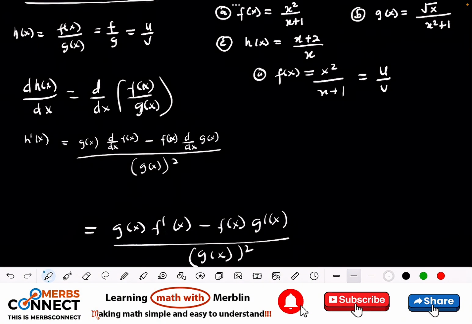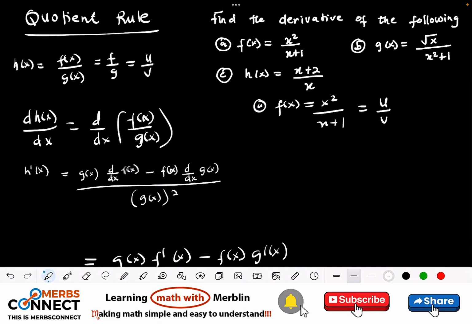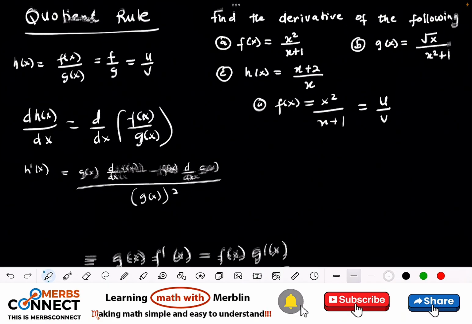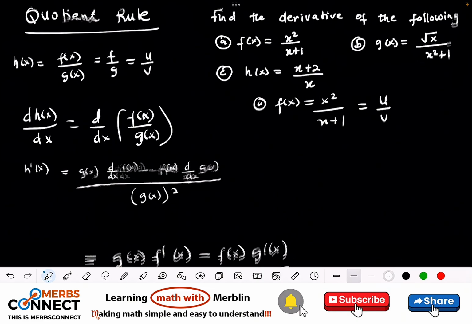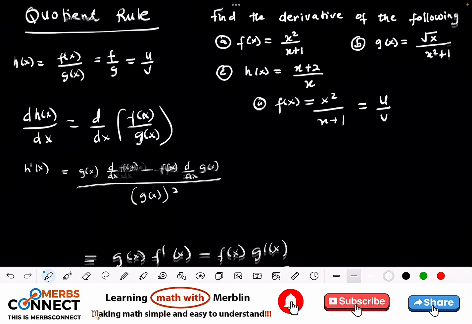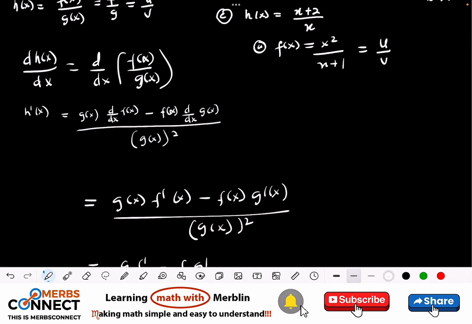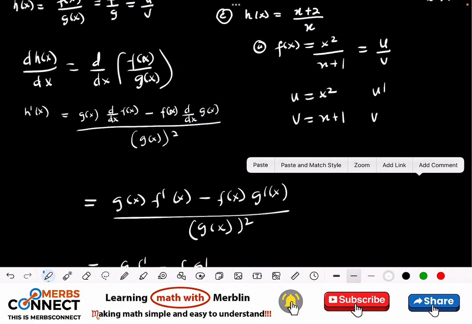So now anytime I'm dealing with quotient rule or product rule, if I pick for the product rule, if I pick my a and b, I need a prime, I need b prime. The same thing to this one too. If I pick my u and v, I need u prime, I need v prime. So what I'm going to do is, now my u is x squared, my v is equal to x plus 1. So I need u prime, I need v prime.